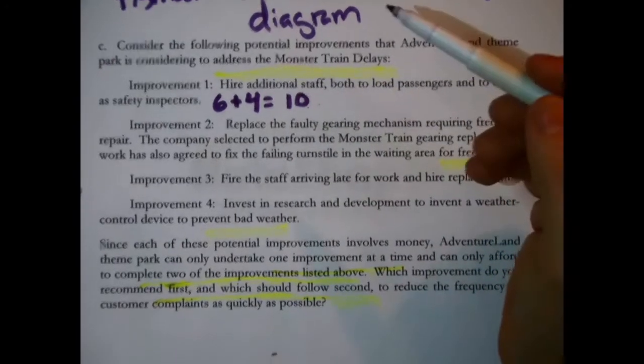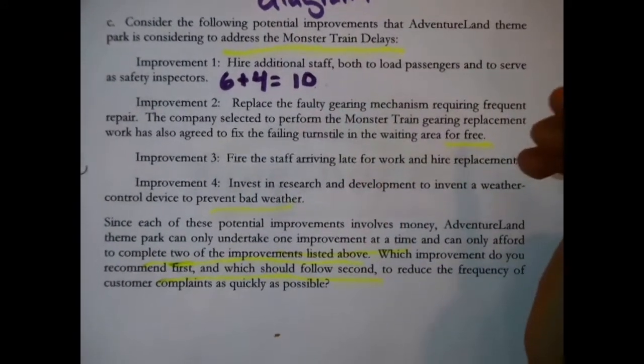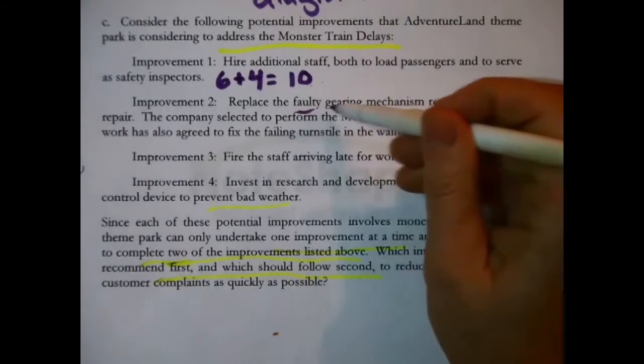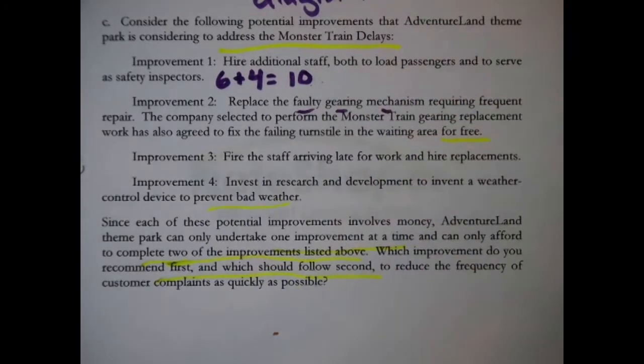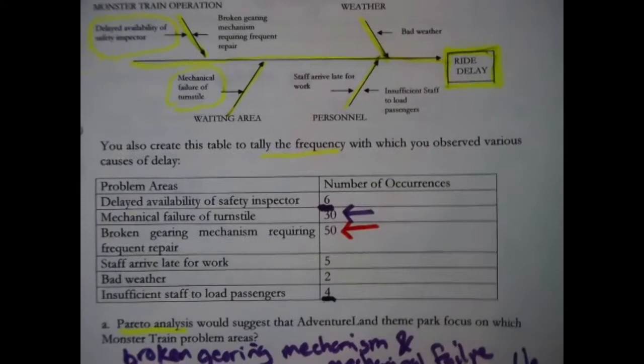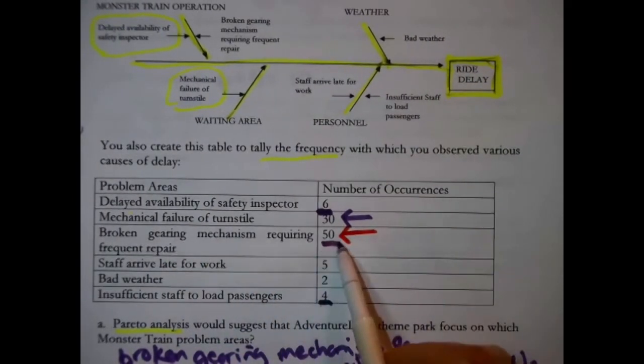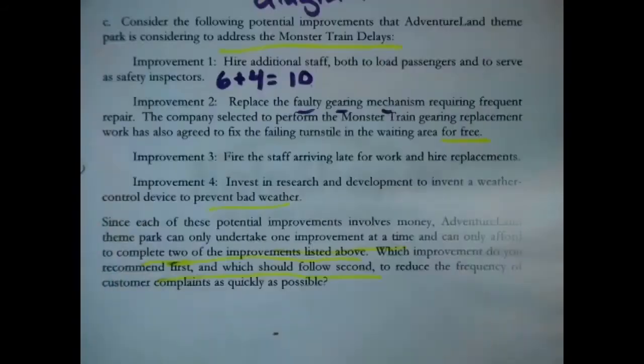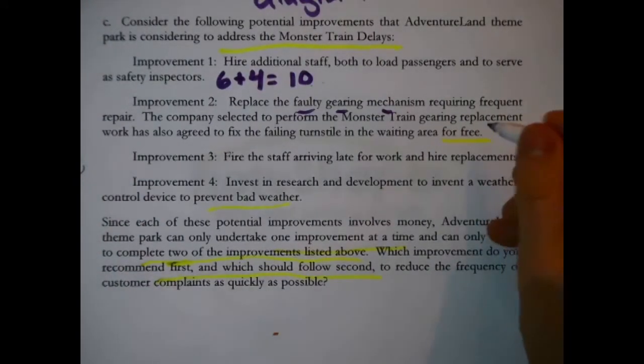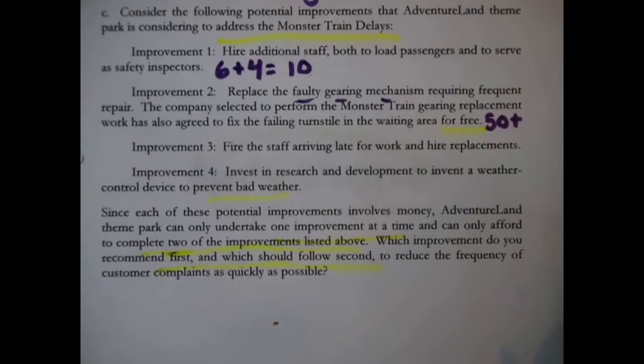Right, because improvement 2, replace the faulty gearing mechanism. That was the huge thing in our past data set. Broken gearing mechanism was responsible for 50 past occurrences. So, a little note over here, 50 is what that would have helped in the past.